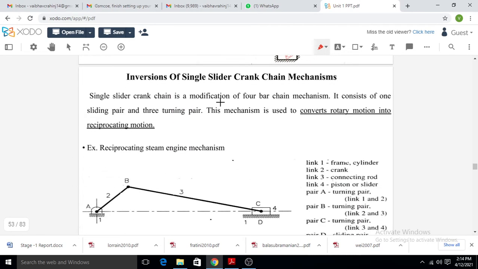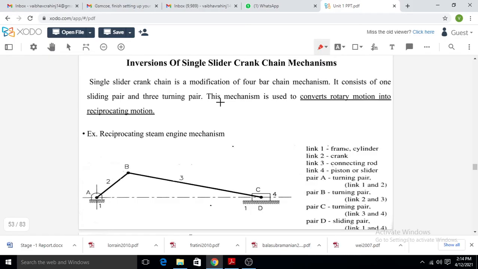Now we will discuss the single slider crank mechanism. As a 4-bar chain mechanism, there is one symmetric mechanism present. It's called the single slider crank mechanism. It also consists of 4 links.